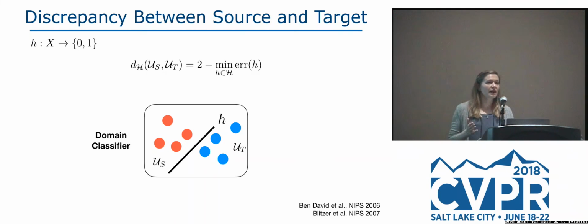Now, a domain classifier is simply how well this classifier can disambiguate in feature space: did this feature come from my source data set or did it come from my target data set? Intuitively, if you can make that distinction, it means that these points fall in space in such a way that they're well separated. And this means that it's somewhat hard to reuse a classifier from one collection of data for the other.